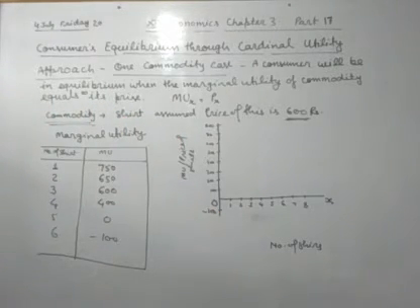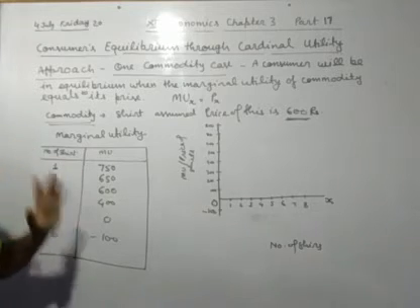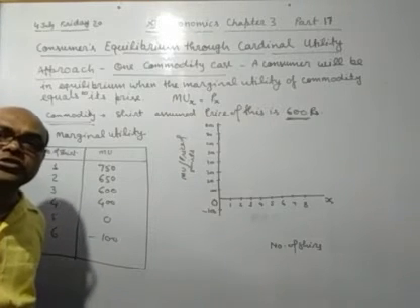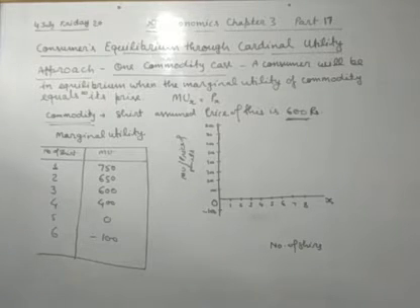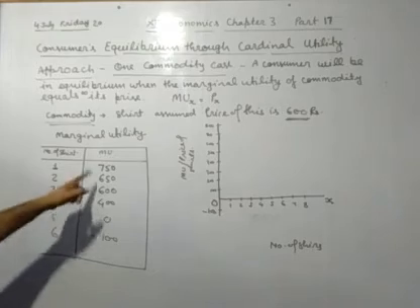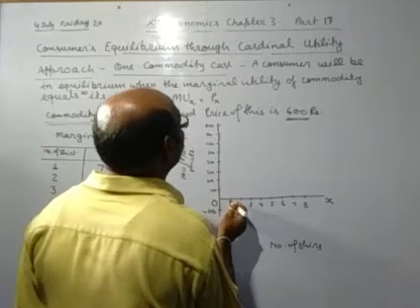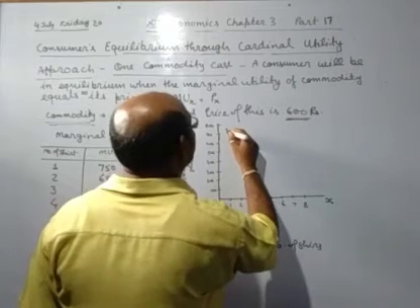Now, for the first unit, you have need of salt. So for the first unit, you are ready to pay 750 rupees. The first unit will give you maximum utility, so marginal utility will be 750.